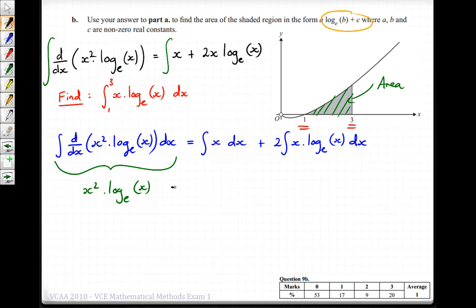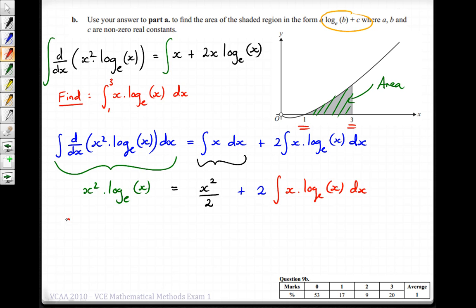And we can say that that still equals, so the integral of x dx is x squared on 2. And the next bit we can just leave as being exactly the same, because that already looks like what we want in the red. So now all I'm going to do is subtract off the x squared on 2 and then divide everything by 2 to get what we want by itself.